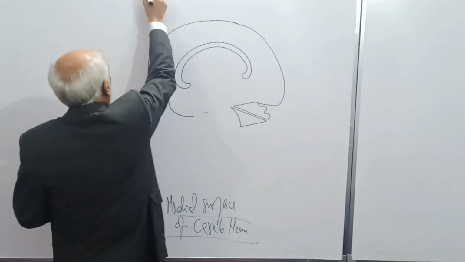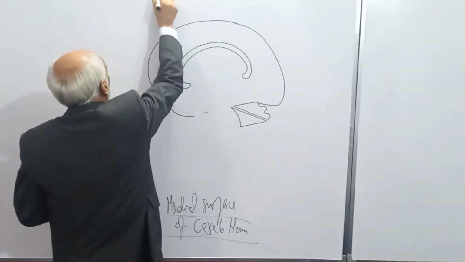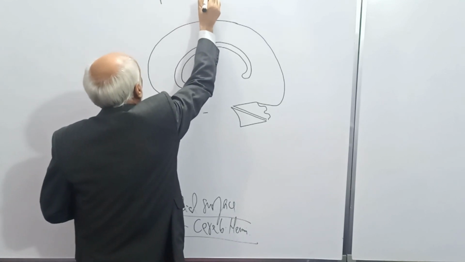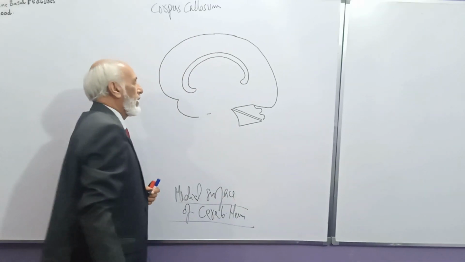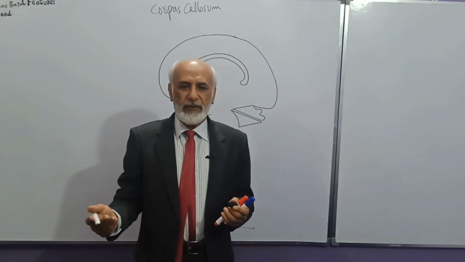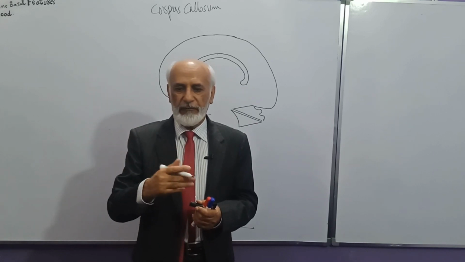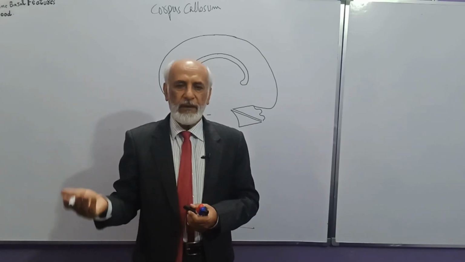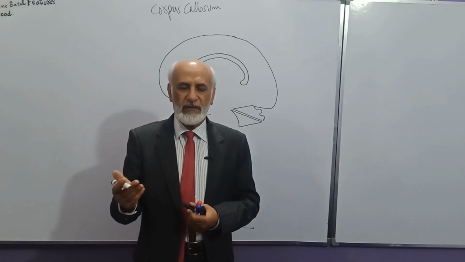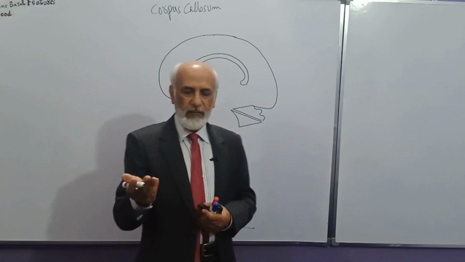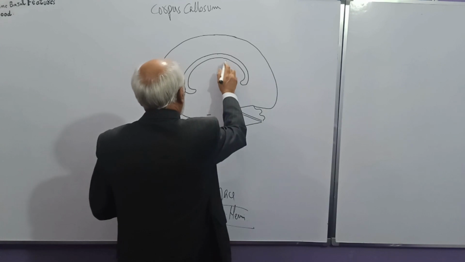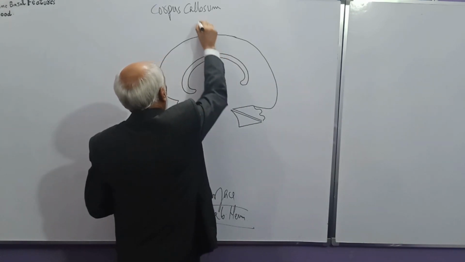This structure is known as the corpus callosum. It comprises nerve fibers which interconnect the right and left cerebral hemispheres. Those nerve fibers are grouped as commissural fibers. So this is the largest commissure of the nervous system, known as the corpus callosum.